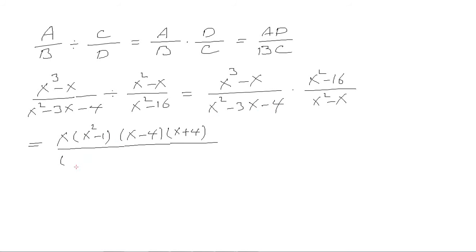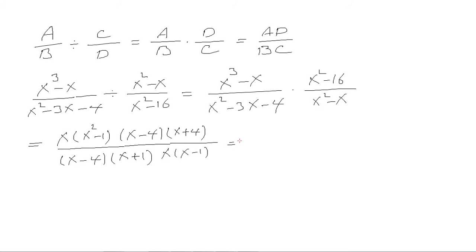So x minus 4 and x plus 1. As you can see, the sum of the two is minus 3 and the product is minus 4. And the last one, if I factor that, I get a factor of x and then x minus 1.